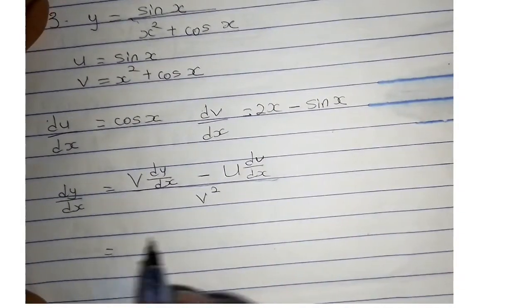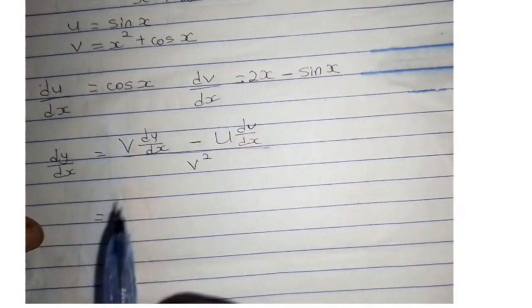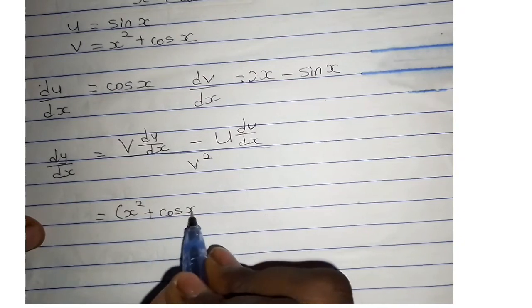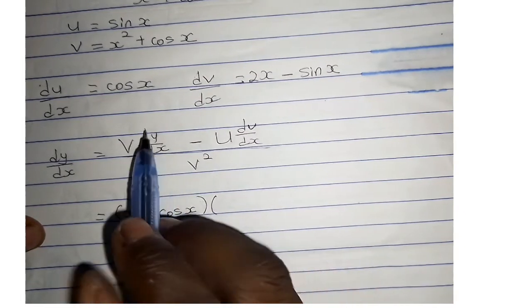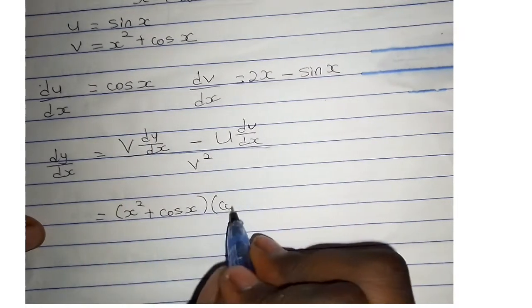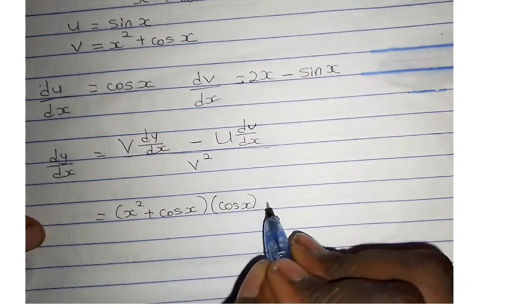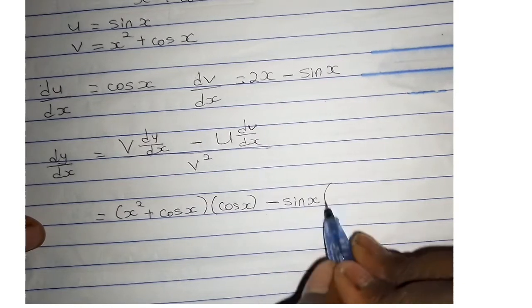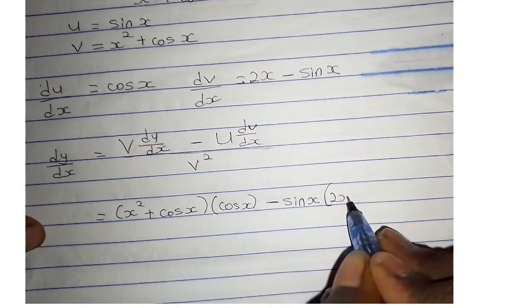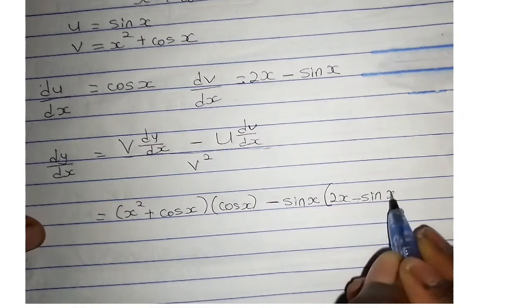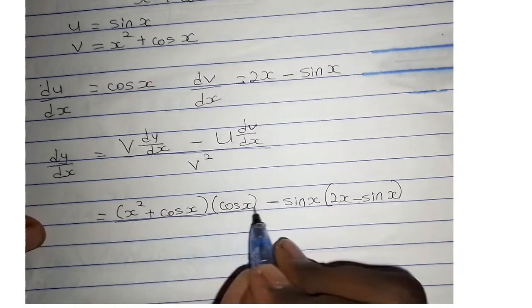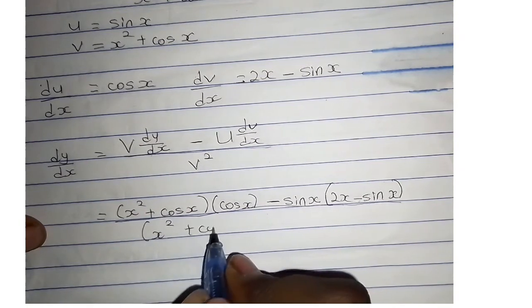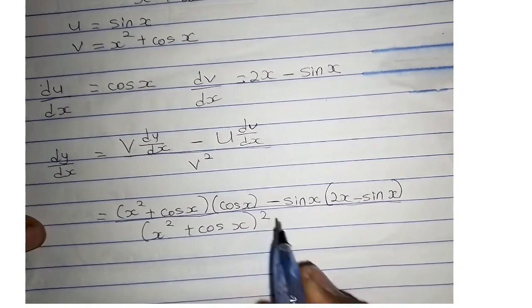So we're going to have our v, which is x squared plus cos x, times du/dx, which is cos x, minus our u, which is sine x, times dv/dx, which is 2x minus sine x, all over v squared, which becomes x squared plus cos x all squared.